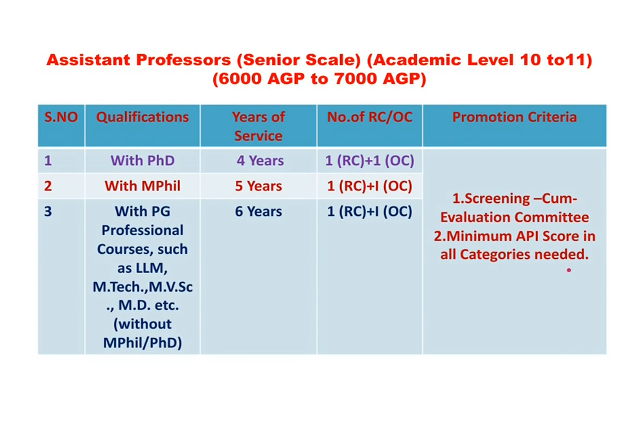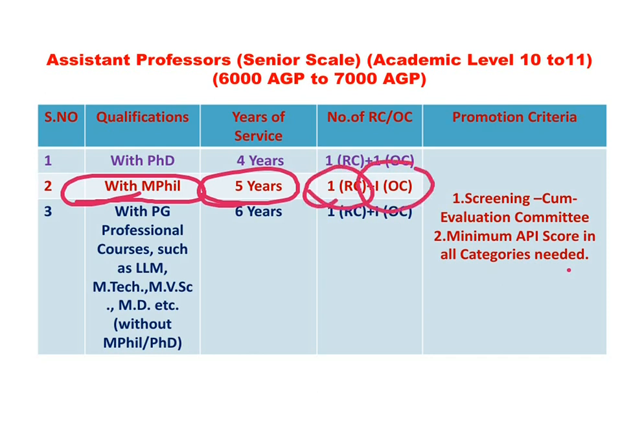If you don't have PhD, and have only post graduation with MPhil, you have to complete 5 years of service to be eligible for CAS, and you have to complete one OC and one RC. One OC and one RC is very important. Without RC and OC, you won't be considered for CAS criteria.